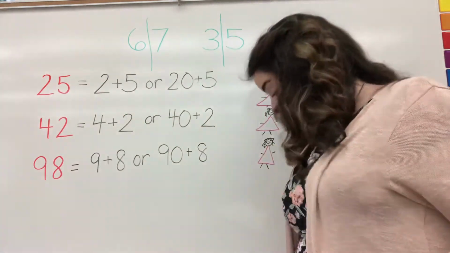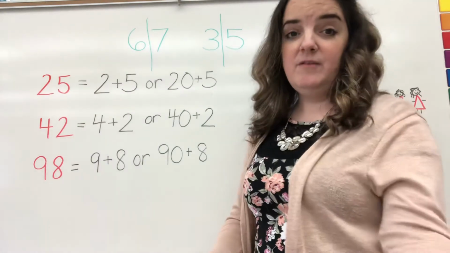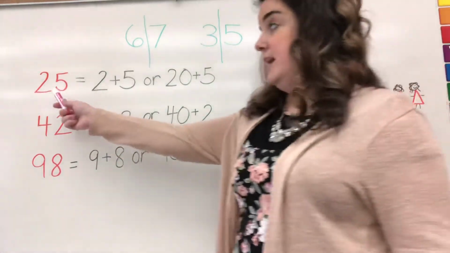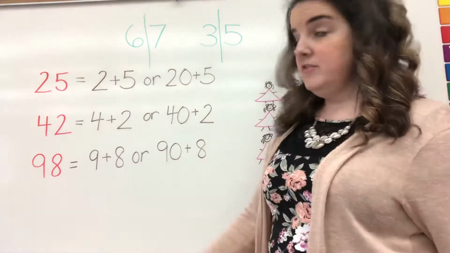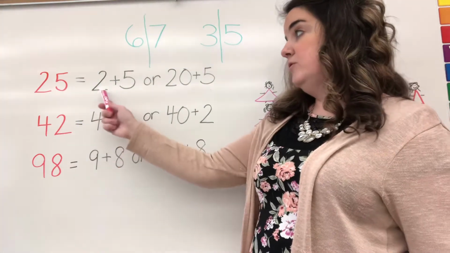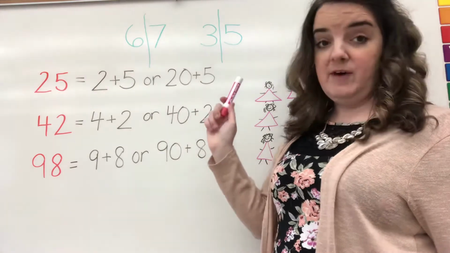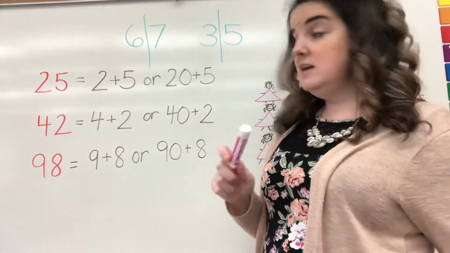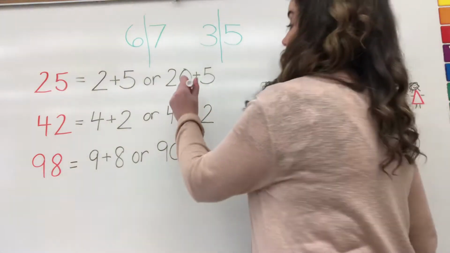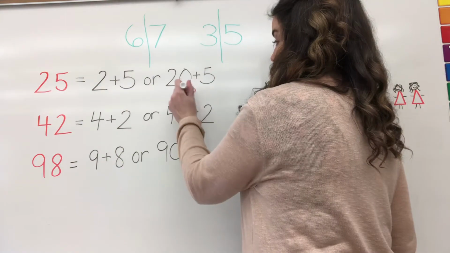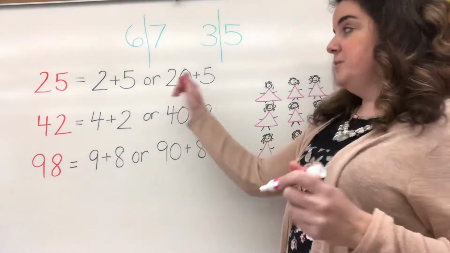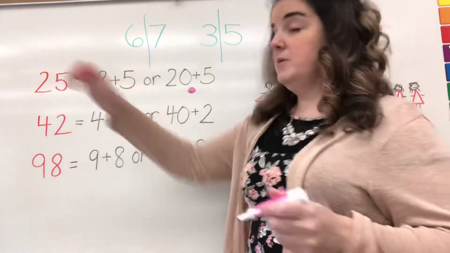Okay, so looking at the first number, which is 25, we're going to ask ourselves, does 25 equal 2 plus 5, or does 25 equal 20 plus 5? Correct answer is 20 plus 5.